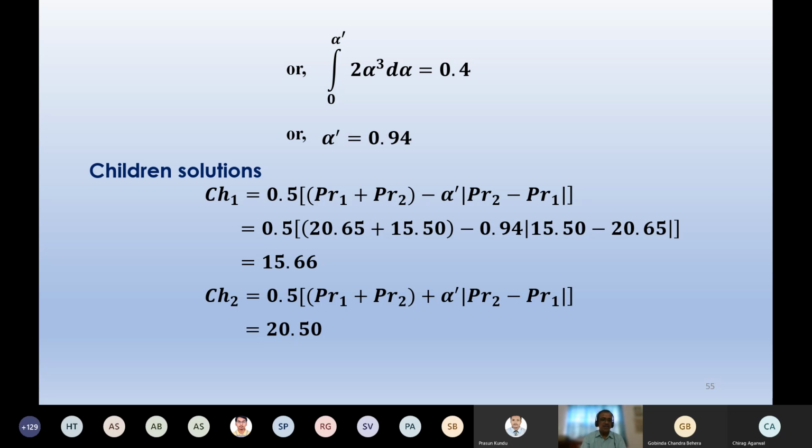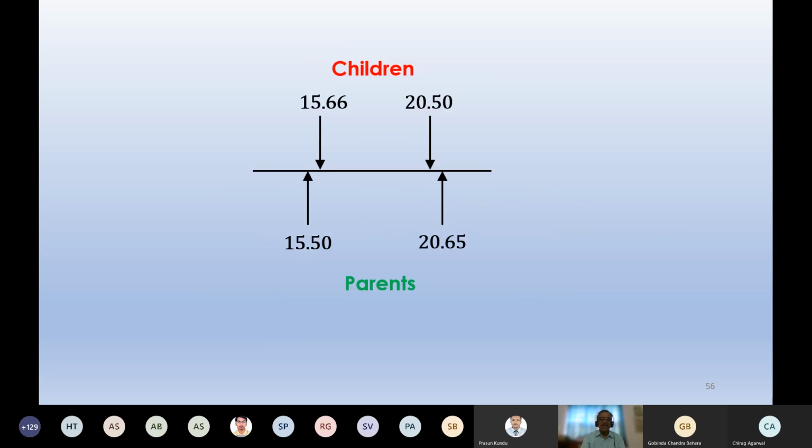So this is your child 1. Similarly, you can find child 2 and you'll get 20.50. So we have got two children, child 1 is 15.66 and child 2 is 20.50, starting from the two parents, PR1 is 15.50 and PR2 is 20.65.